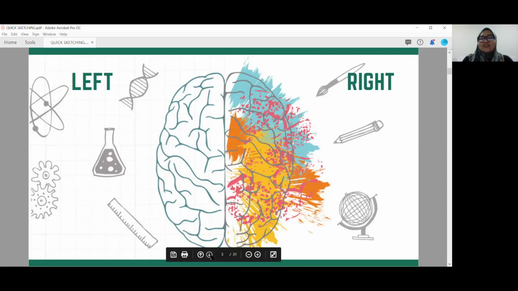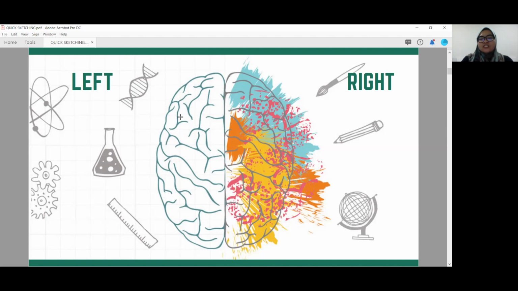I think it's very common for all of us to know about the common functions of the right brain and the left side brain. As we usually know, the right side brain is inclined towards more artistic things, but the left side brain is more towards what we call scientific or technicalities, the numbering, mathematics and whatnot.